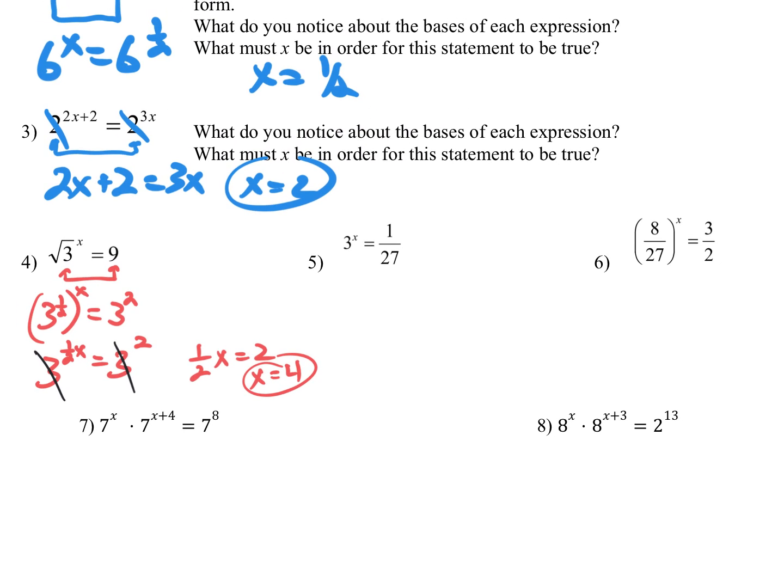Some of them might be a negative exponent like that. You see 27 is 3 to the 3rd, but 1 over 27 is 3 to the negative 3rd. So this is 3 to the x equals 3 to the negative 3rd. Clearly, the 3's cancel out. x equals negative 3.